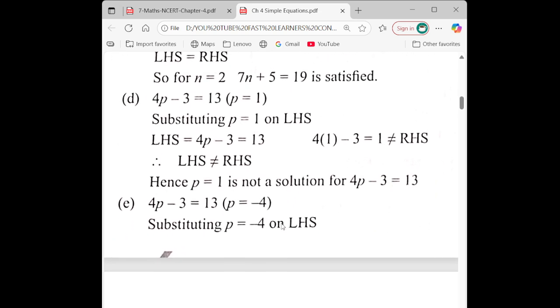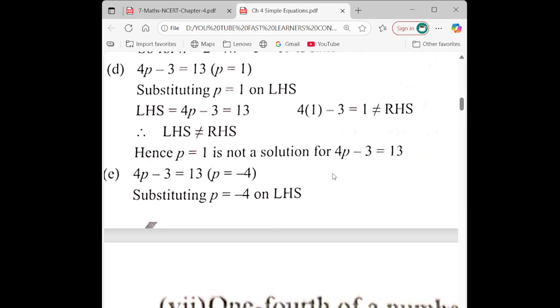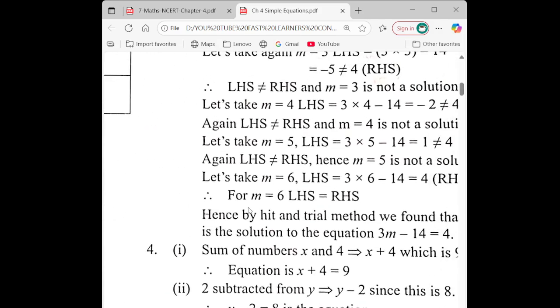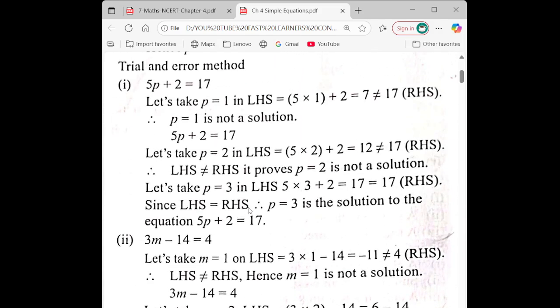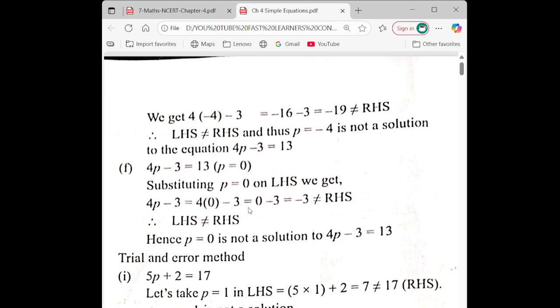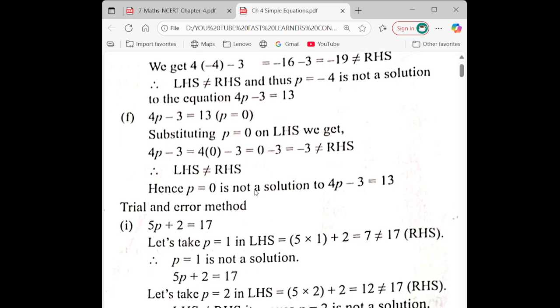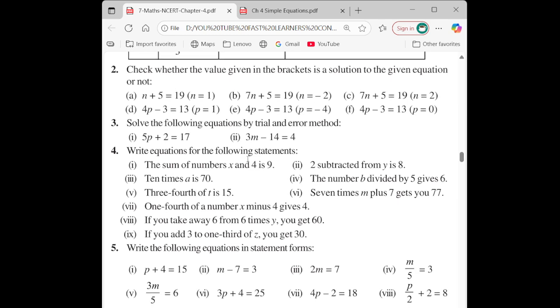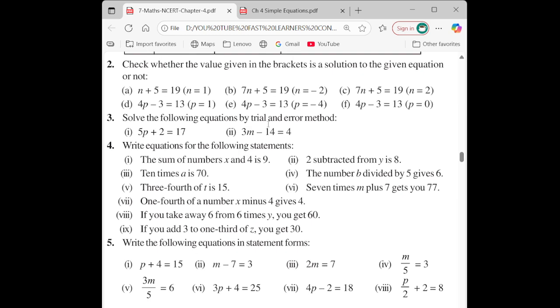Same way you will keep on placing the numbers and you will find out which one is satisfying the equation and which one is not. Okay, same way we will keep on doing this. Now let us see the next question. Solve the following equation by trial and error method.